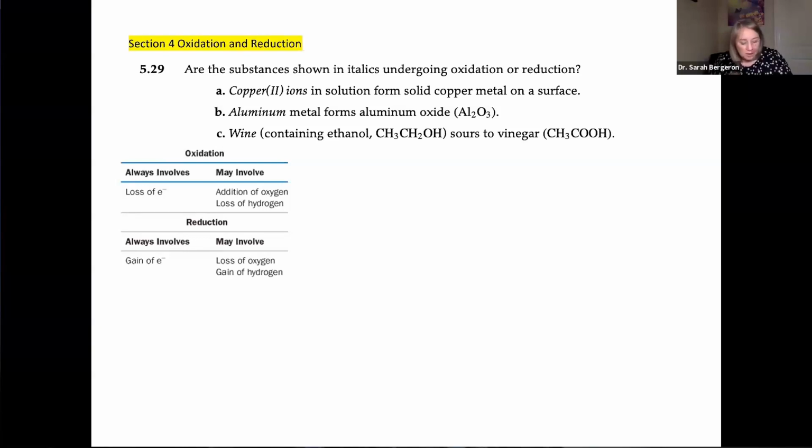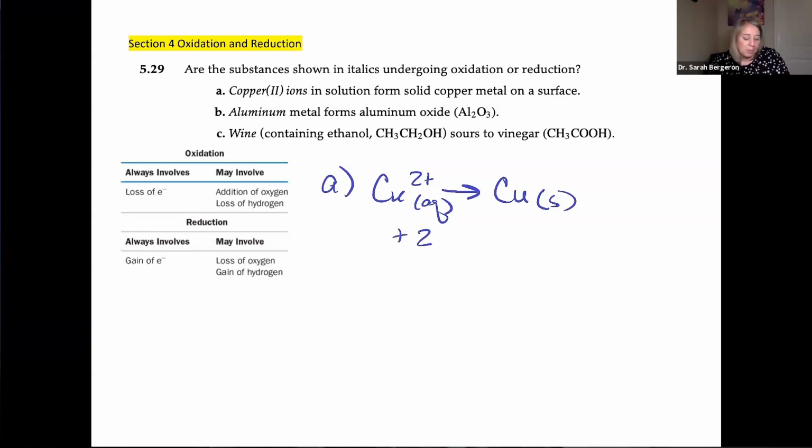So A, we have copper 2, Cu2+ ions in solution forming solid copper. So they're in solution, we put them as aqueous. They're solid, we put them as solid. So now I need to look at my charge. I go from a +2 to what's a solid?